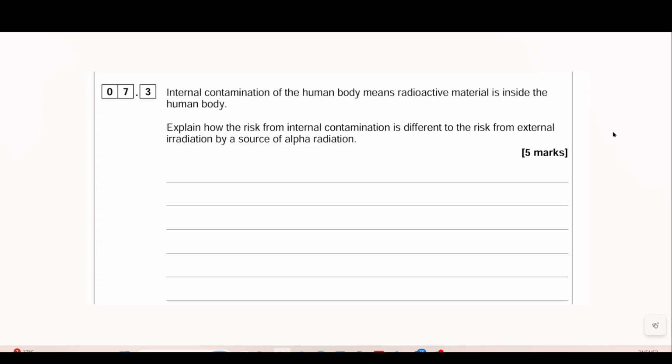So that's why an external alpha source poses a low risk, because the radiation cannot reach or damage internal cells or internal organs, because their penetrating power is low.